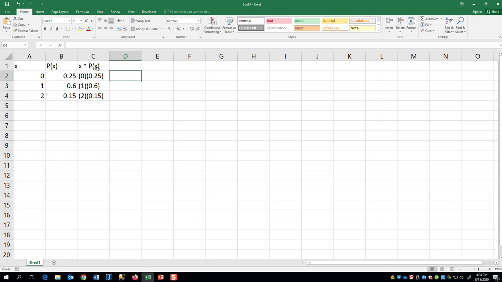When you multiply those together, it's going to give you these values. 0 times 0.25 is 0, 1 times 0.6 is 0.6, 2 times 0.15 is 0.3. Okay, so that's my x times p of x.